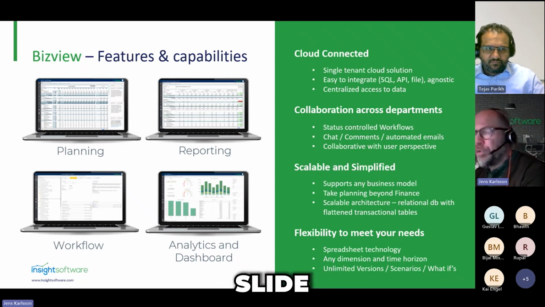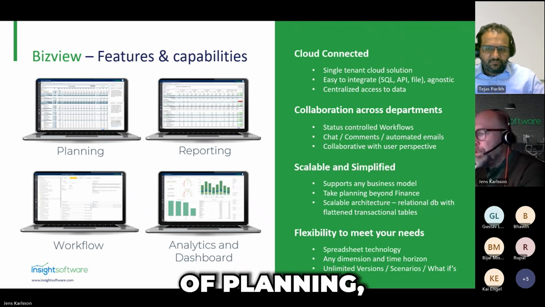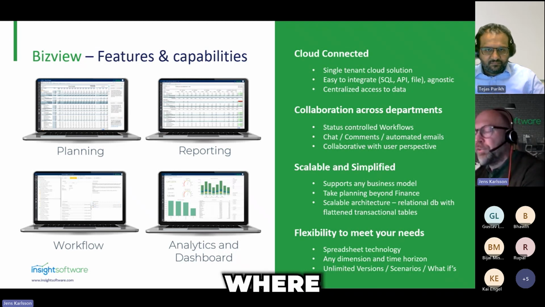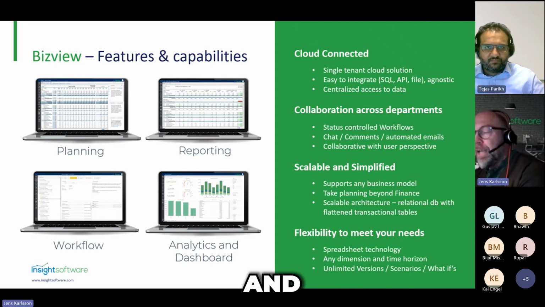And I have a honeycomb slide at the end here that will show you that Visio really supports any type of planning. So I like the second bullet there, take planning beyond finance, because you want to build the granularity where it makes most sense for your budgeting and forecasting, and have those things drive the numbers, right?